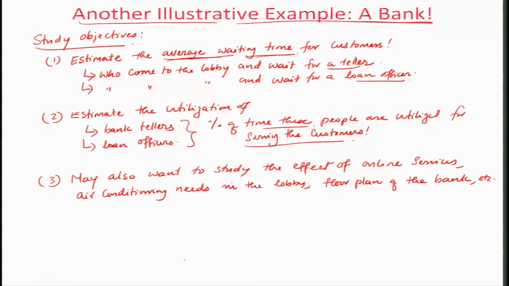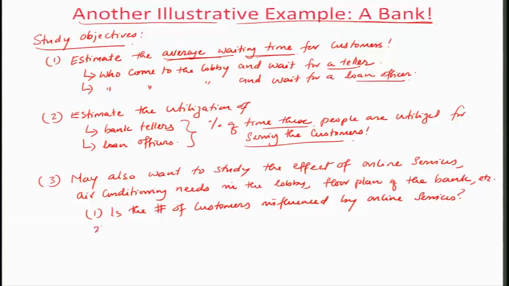So, you might want to do that. So, you might want to say whether the number of, so maybe some of the questions is the number of customers influenced by online services.